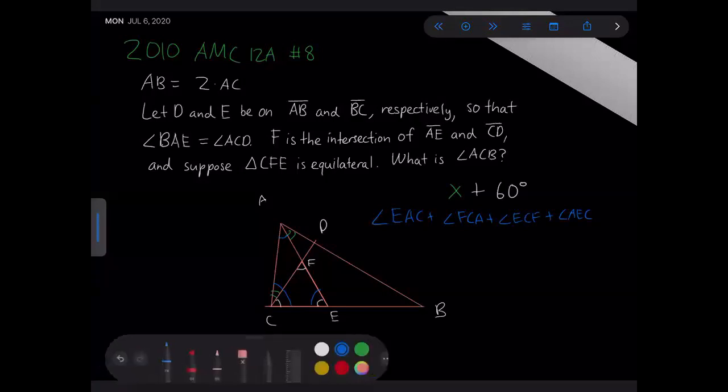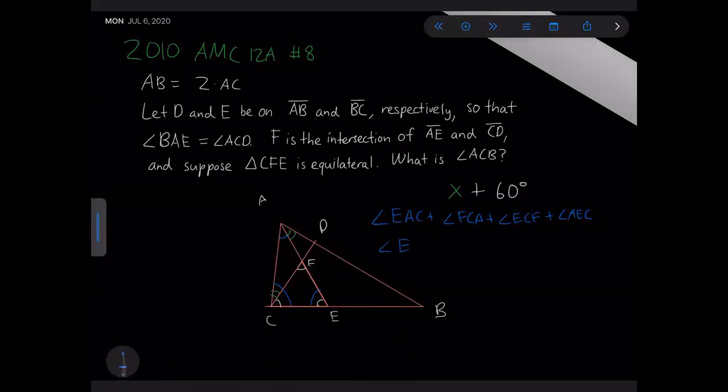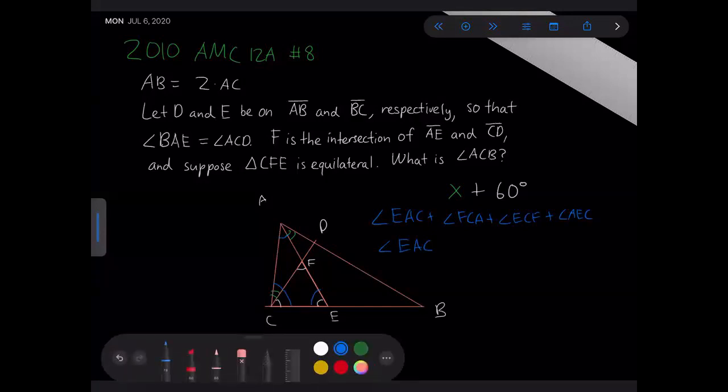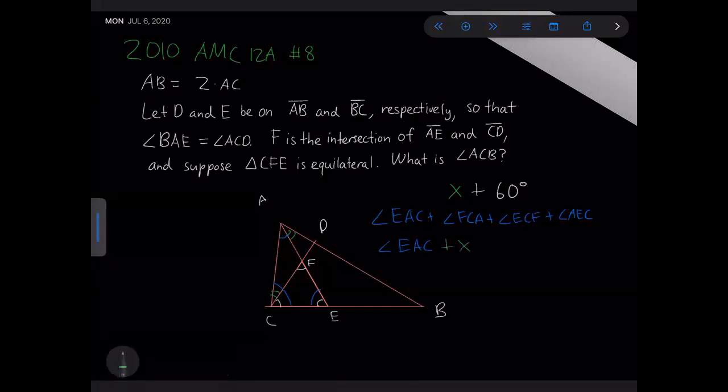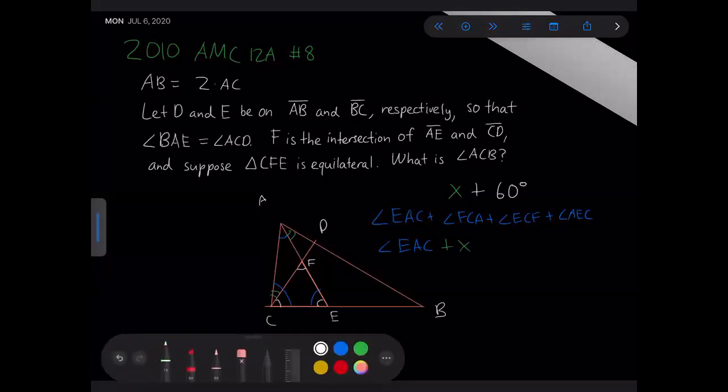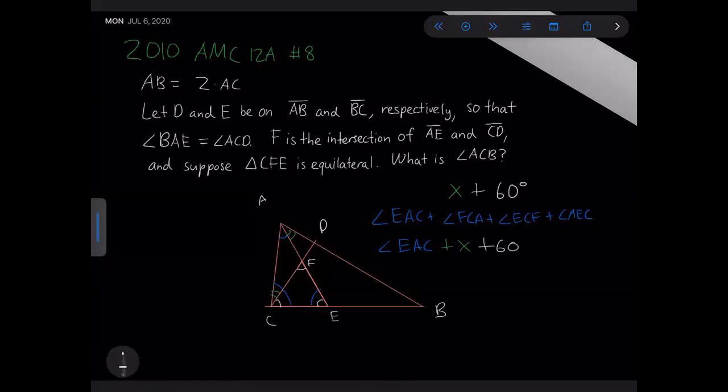And we can rewrite this in terms of X and 60 degrees. Angle EAC, we don't really know, so we'll keep that. Angle FCA, we know that this is X. Angle ECF, we know that's 60 degrees. Angle AEC is also equal to 60 degrees.